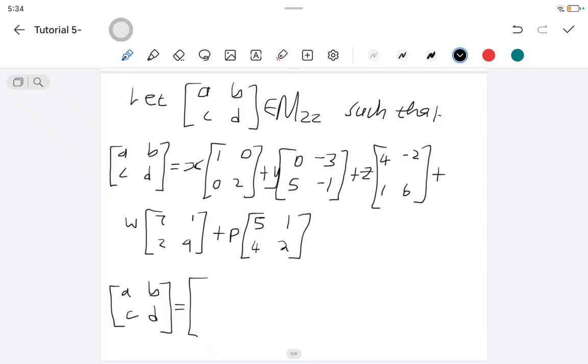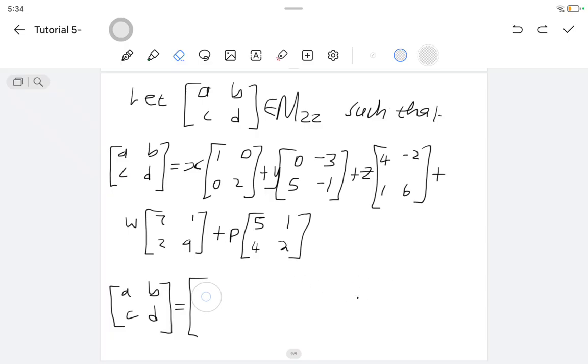So we add the first entries. The first entries will be X, Y will remain as 0 so I won't add it, plus 4Z. So first entries are the ones which I'm adding, multiplied by the constant. After 4Z is 7W plus 5P.